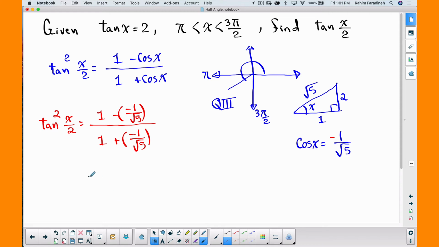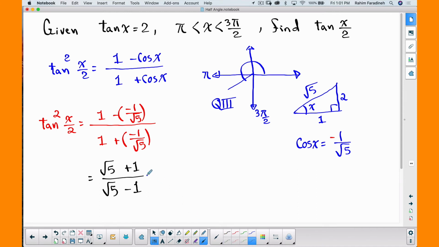We're going to simplify this. This becomes radical 5 plus 1 divided by radical 5 minus 1. Now, this is the answer for tangent square of X over 2.